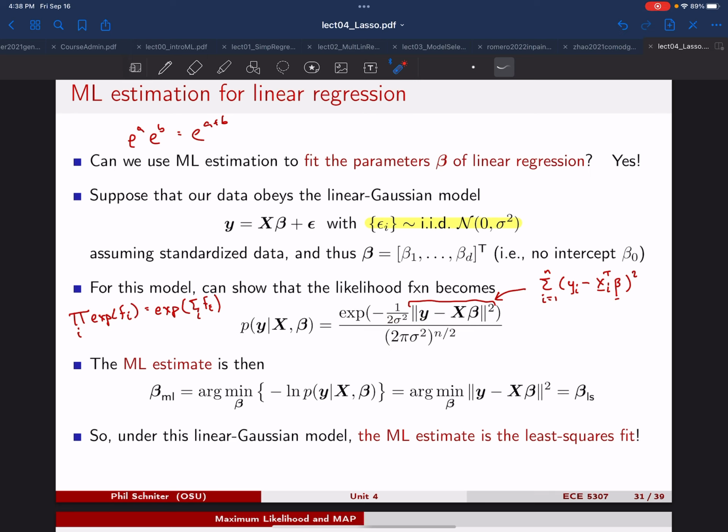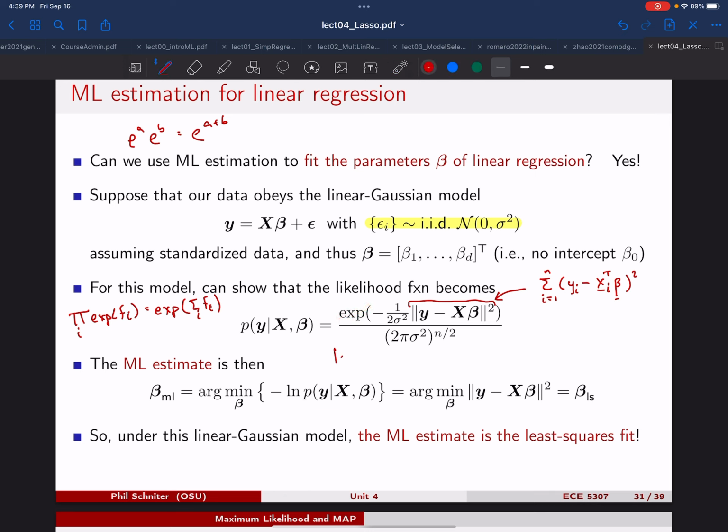Okay, so if you're okay for now with just accepting the fact that the likelihood has this form in this case, then you can see why it's convenient to look at the negative log. So when I take the log of this likelihood, you can see it kills the exponent.